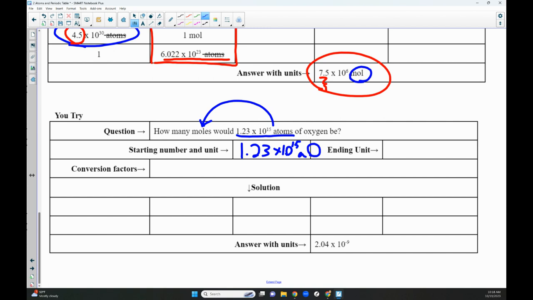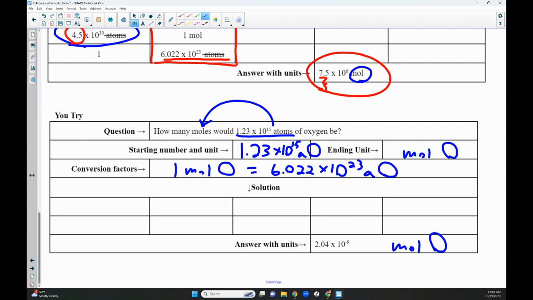My ending unit is moles of oxygen. So as always, the relationship between atoms and moles is 1 mole of oxygen is equal to 6.022 times 10 to the 23rd atoms of oxygen.